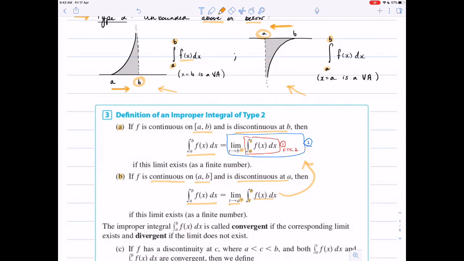Now both of these, of course, are defined if the limit exists.